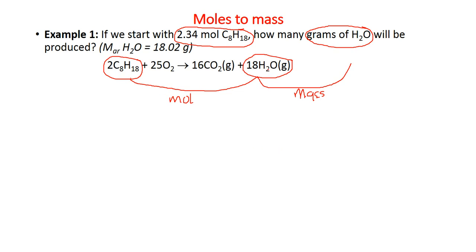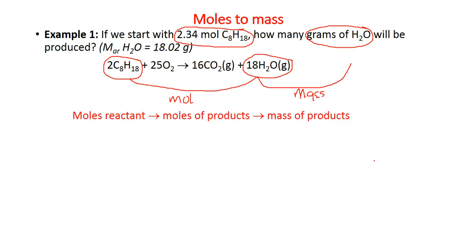Conversion factor 1 is going to give us moles of water from the moles of octane. Conversion factor 2 here is going to give us mass of water from the moles of water. And then, as usual, we'll have our given quantity, which is 2.34 mole of octane.